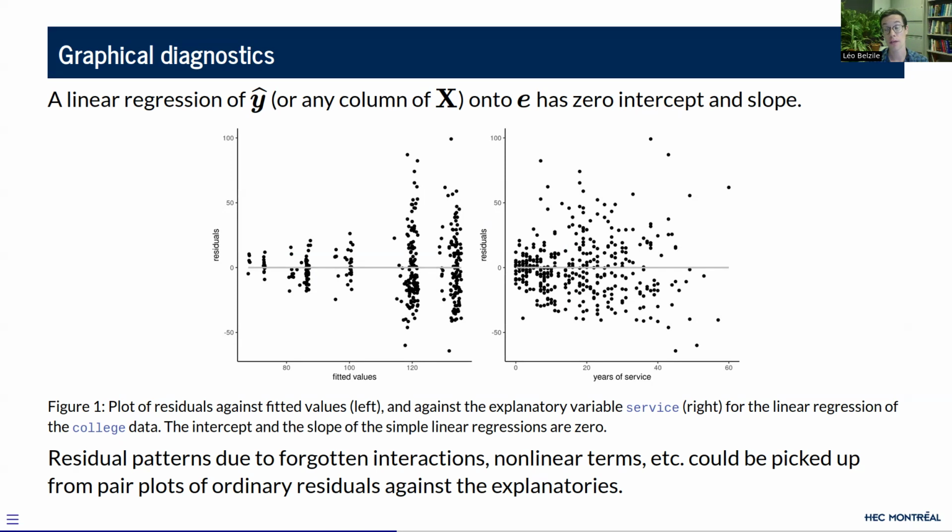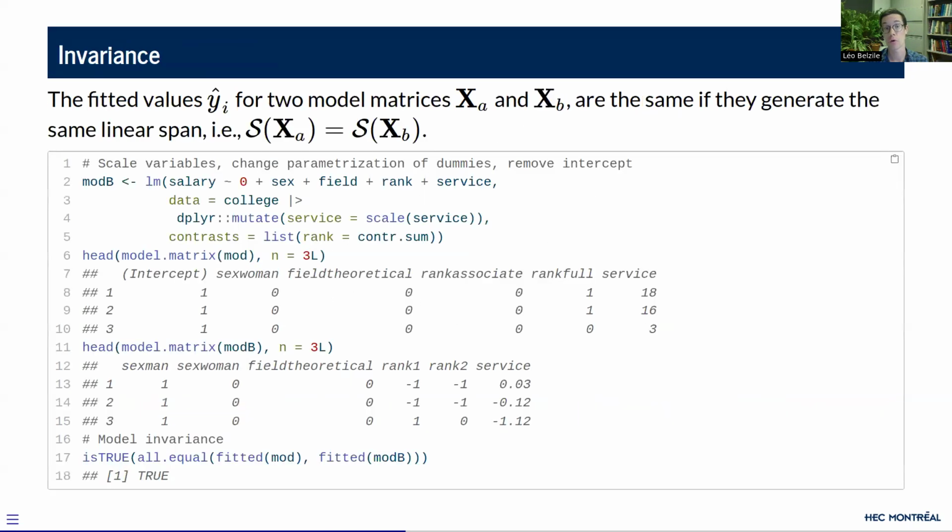Second important property, or corollary, of this notion of linear span: if I fit two models, potentially with different explanatories, if they generate the same linear span, they generate the same prediction, the same fitted values, the same residuals.